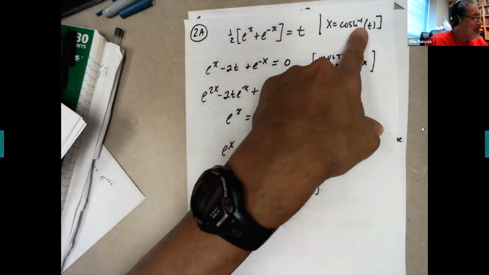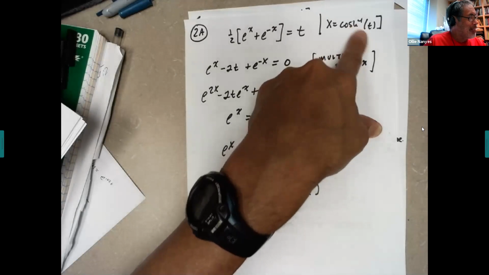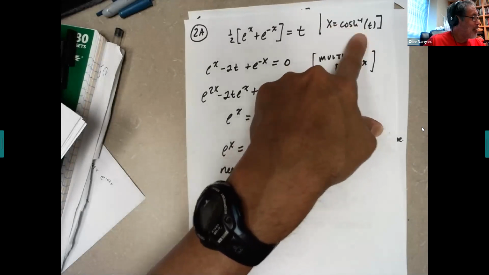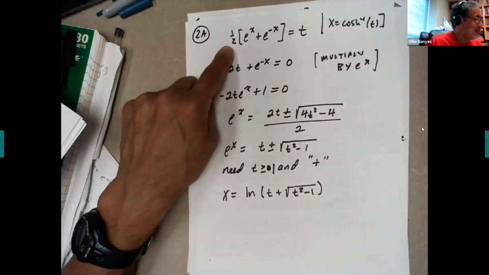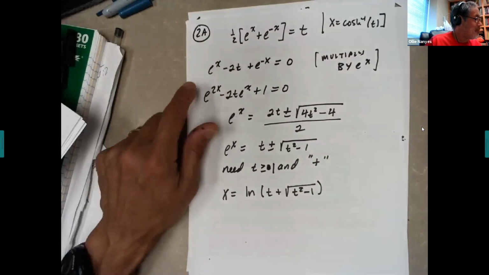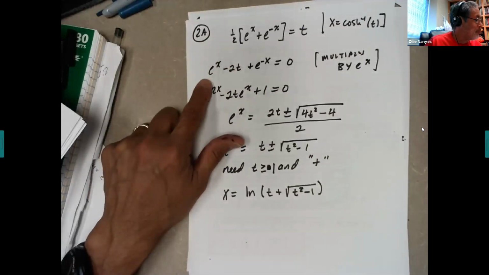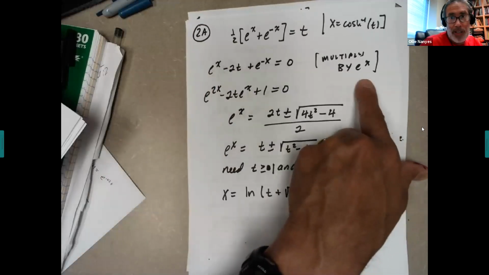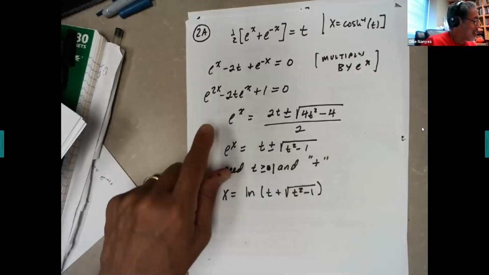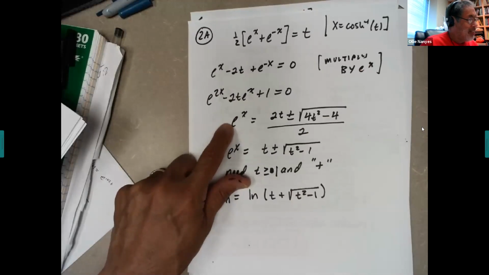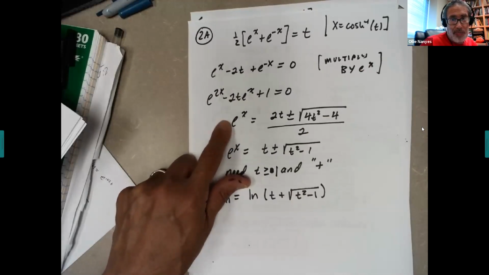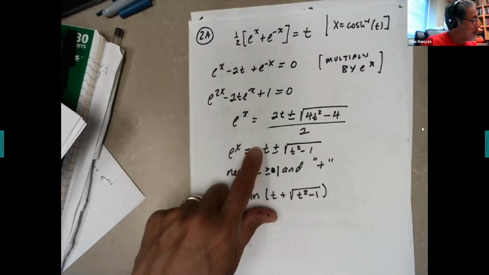Letting x equal inverse hyperbolic cosine, we take hyperbolic cosine on both sides. Using the definition, we do exactly what we did before. I'm going to go a little quicker since you've already seen it once. Multiply by e to the x. Now we have this thing right here. Division by 2.